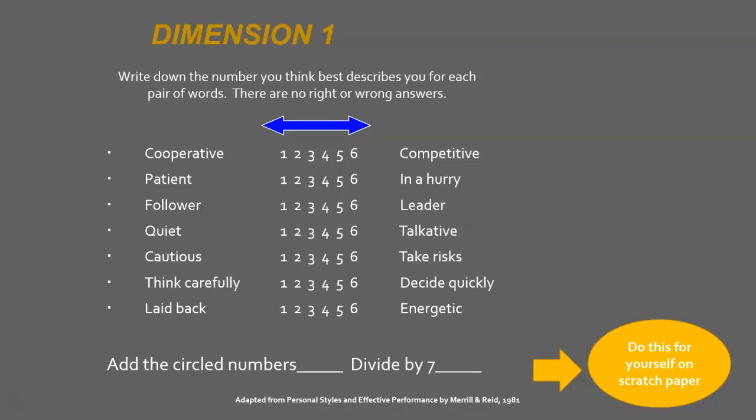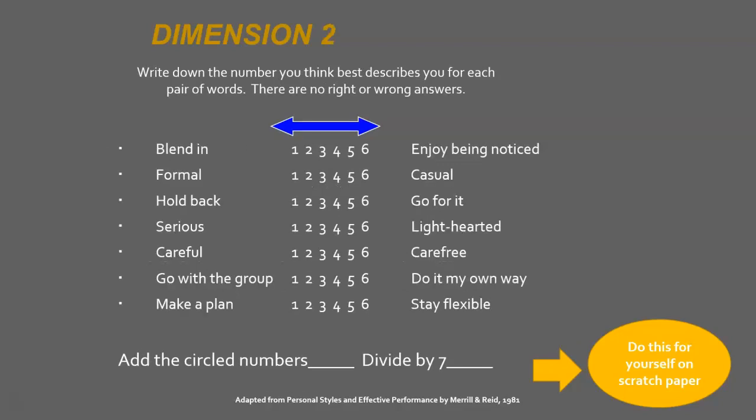If I am not at all competitive and am more cooperative, maybe I'm a 1 or 2. There's not a wrong answer here. This is just, what are you? So write down your numbers, add them together, and then divide by 7, and then that's your Dimension 1. Then you're going to do the same thing for Dimension 2.